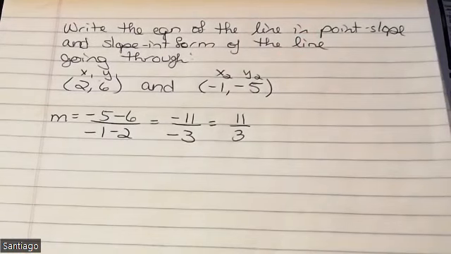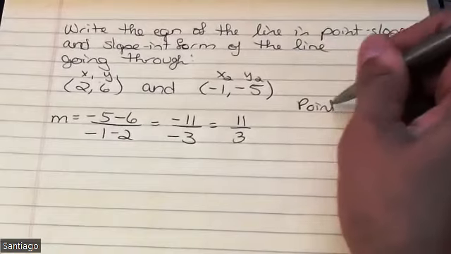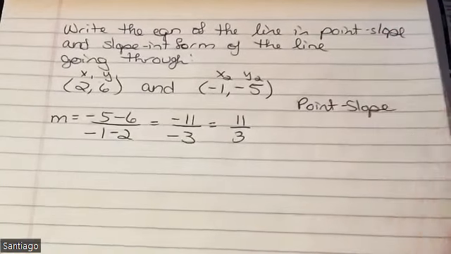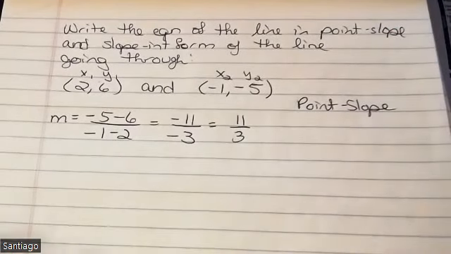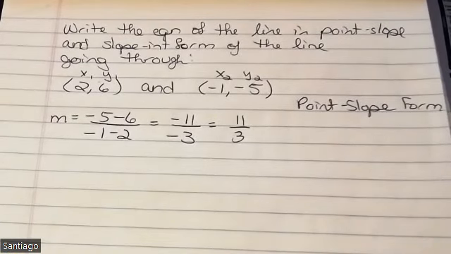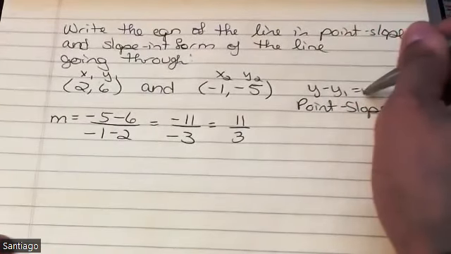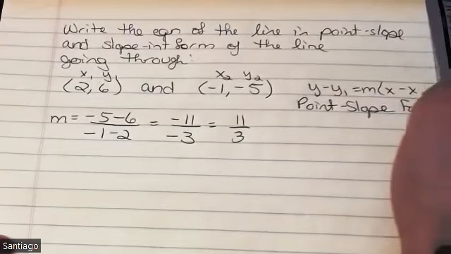The next thing I want to do is go ahead and write point slope form. I love point slope form because really all it is is just plugging in the numbers and that's it. You don't even have to do anything really special. You just plug into your point slope form. As a reminder, point slope is y minus y1 equals m times x minus x1.